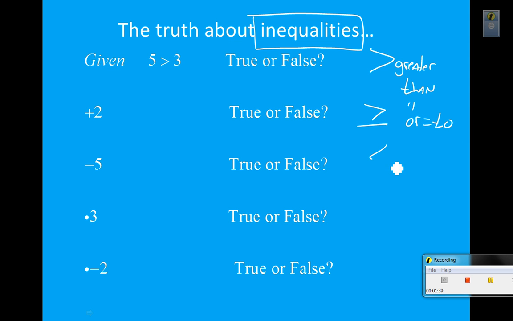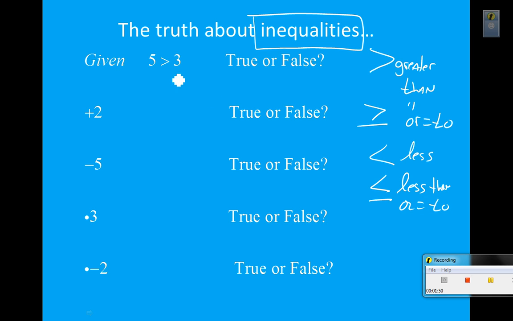You might see this symbol, which you're going to guess is less than. And you're going to see that symbol for less than or equal to. That's what we mean by inequalities. When we solve them, we're going to treat it just like it's an equal sign. So that part's going to be easy for you. There's only one rule I need you to remember when we work with inequalities.